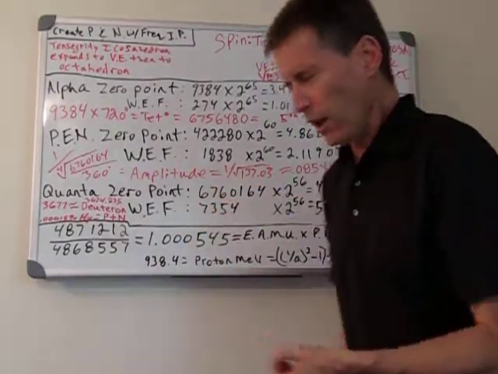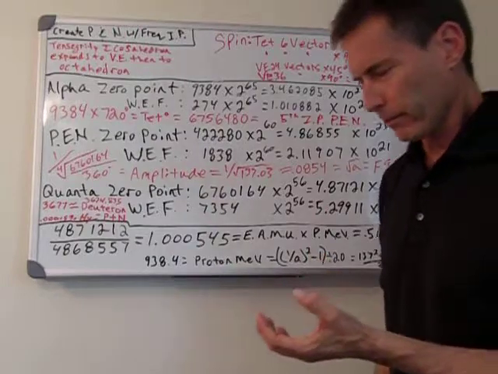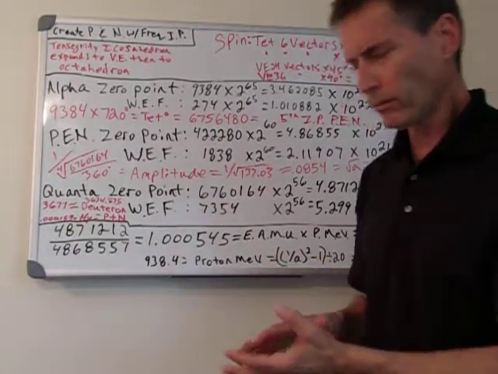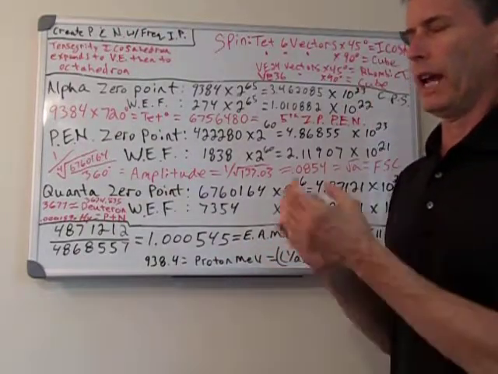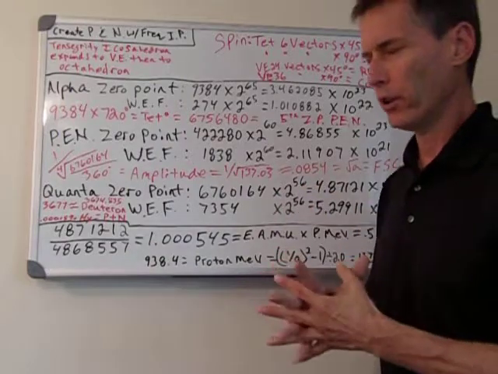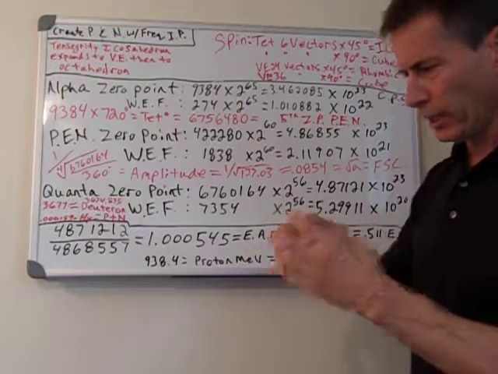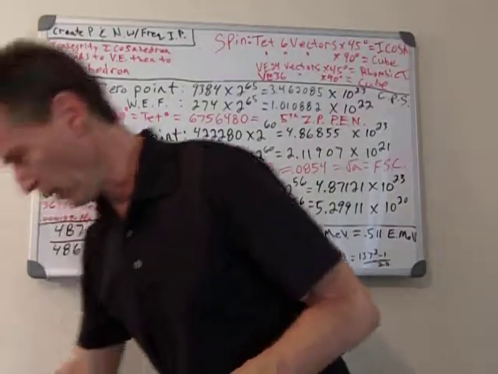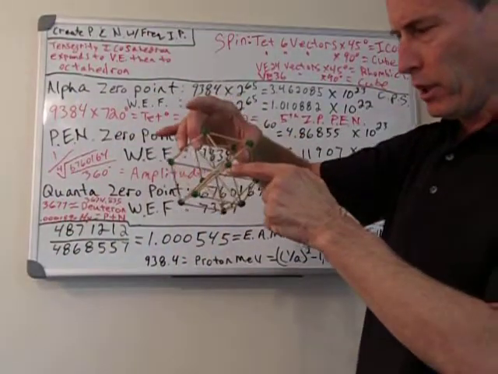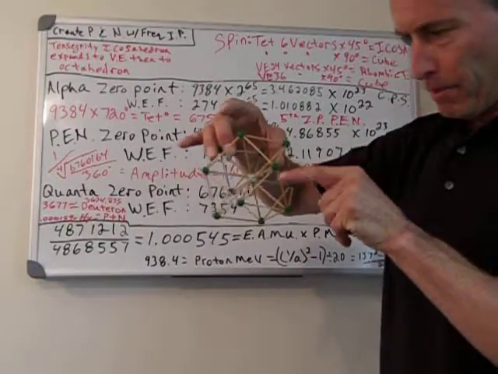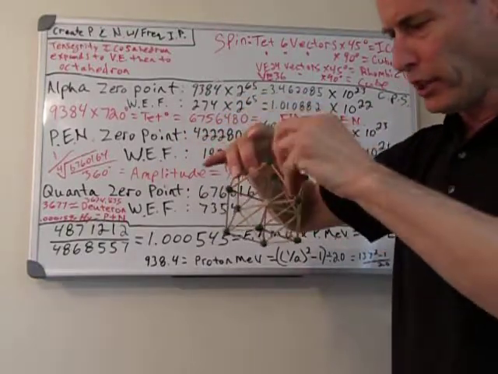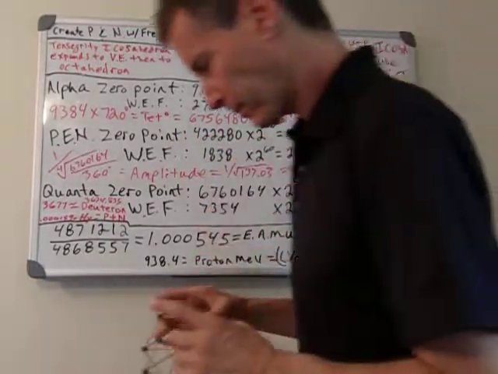Remember what vectors are. Vectors represent energy forces of given magnitude operating at given angles upon given entities at given locations on those entities, right? So we've got all these vectors operating at different locations on these different entities at various angles.